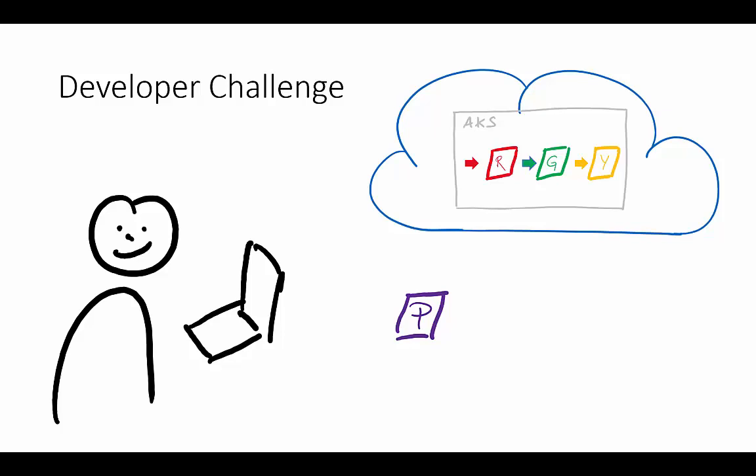Typically, what you do as a developer is that you Docker build, Docker push, and kubectl run your application in a container in your cluster and therefore replace the current instance of the pod or of the service that is running in AKS.